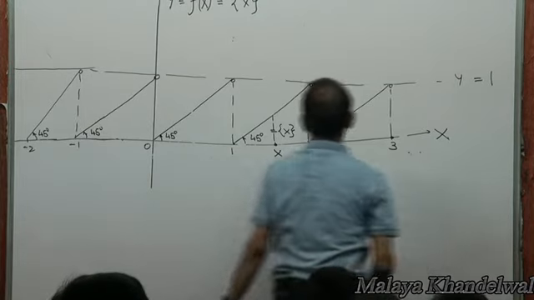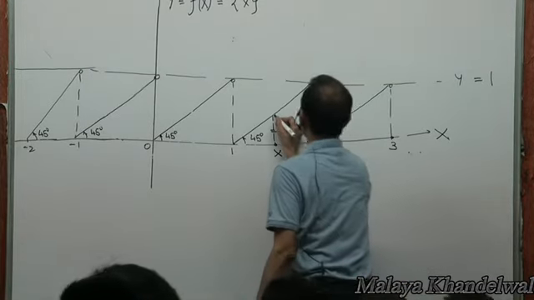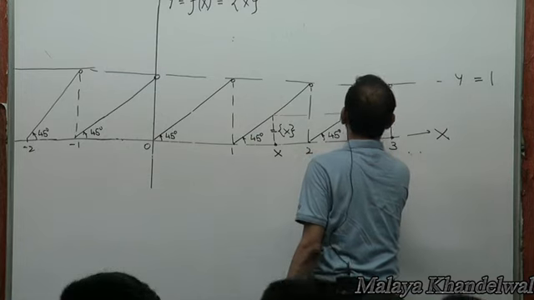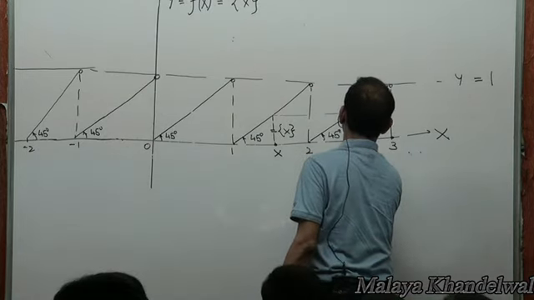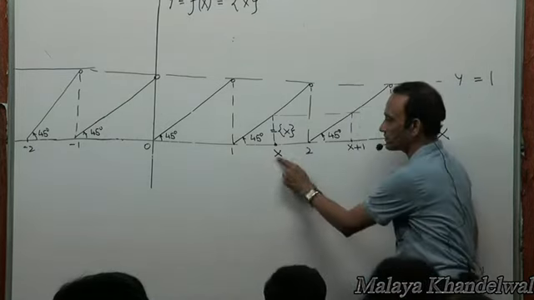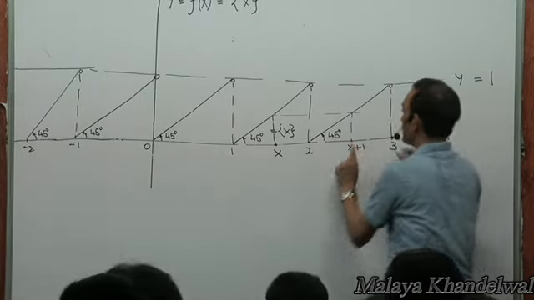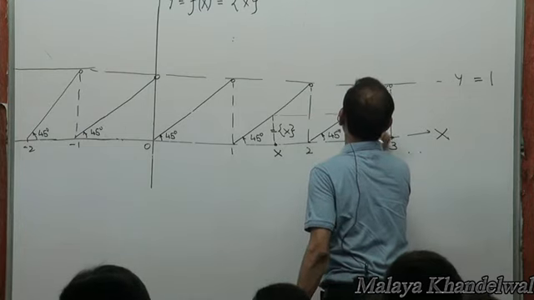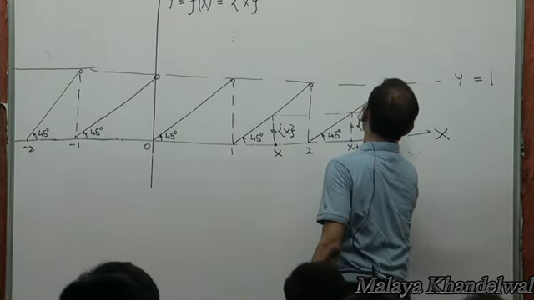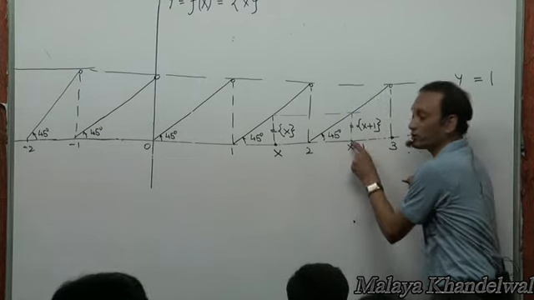Now I claim x plus 1 will lie somewhere here, isn't it? Because this is less than 1, x plus 1 will lie somewhere here. This length will be the fractional part of x plus 1, isn't it? All the y's will be the fractional part of these numbers.